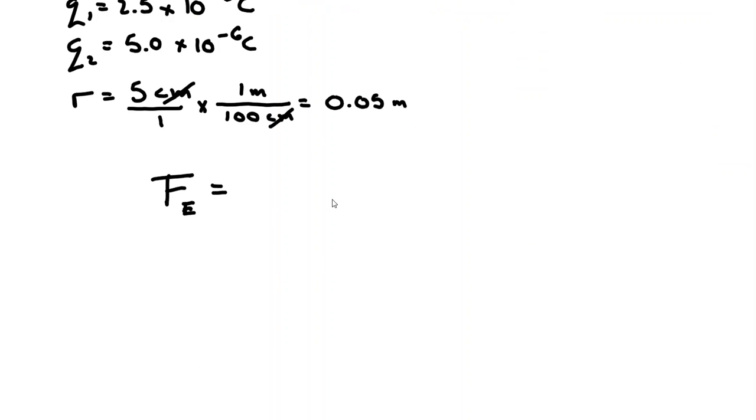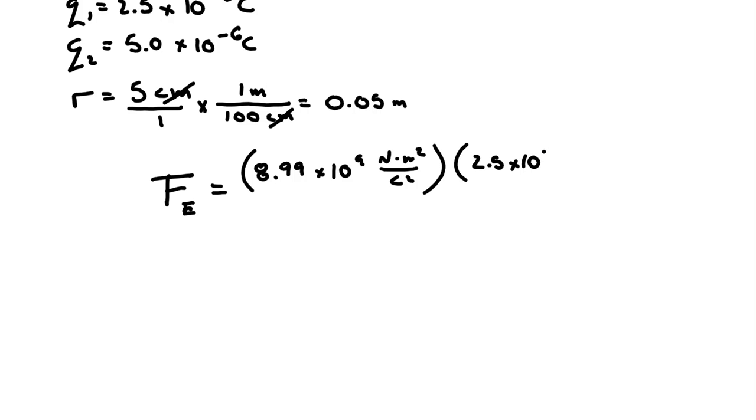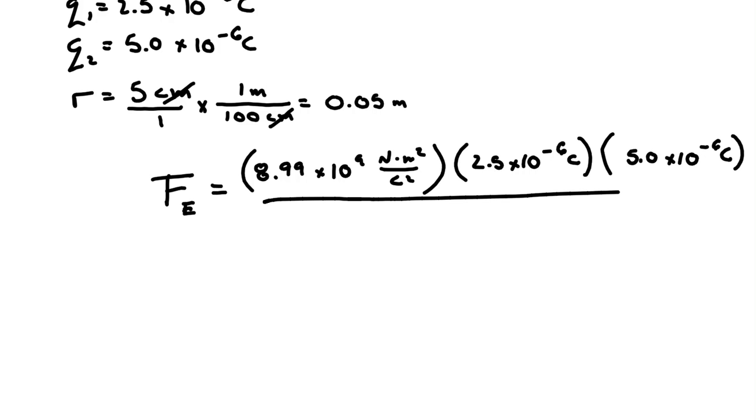So F electric is equal to Coulomb's constant, so 8.99 times 10 to the 9th newtons times meters squared over Coulomb squared, multiplied by charge 1, which is 2.5 times 10 to the negative 6th Coulomb, times charge 2, 5.0 times 10 to the negative 6th Coulomb, all divided by the distance between them squared, so 0.05 meters squared.